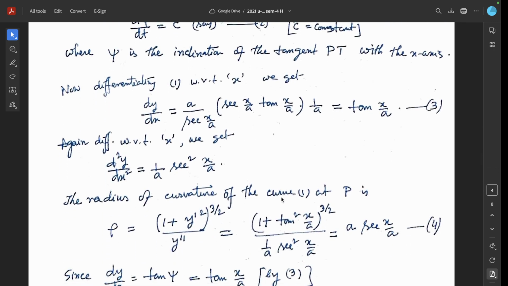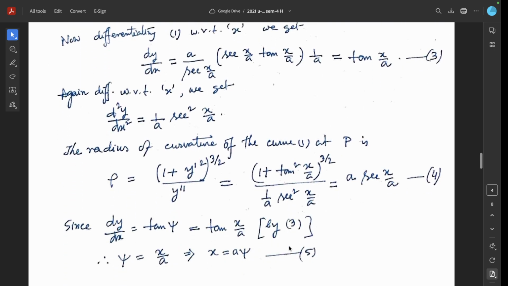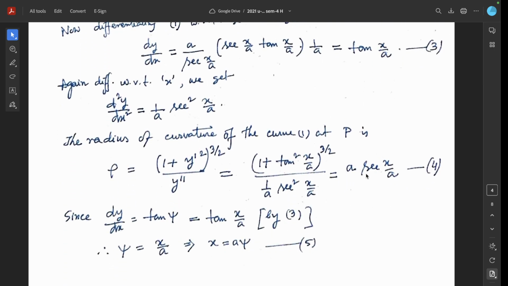The radius of curvature of curve 1 at the point P, ρ equals [1 + (dy/dx)²]^(3/2) divided by d²y/dx². Putting in all these values from 3 and d²y/dx², we get ρ equals a sec(x/a), equation 4.